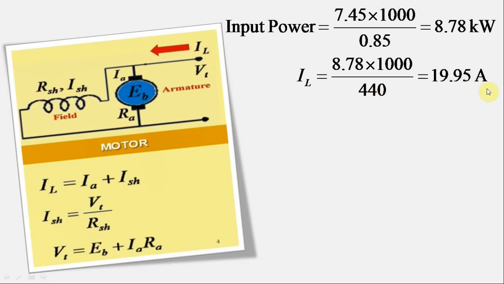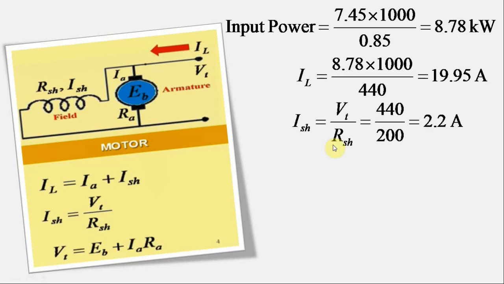Further, shunt field current ISH can be calculated by dividing input terminal voltage by RSH, which comes out to be 2.2 ampere. So, the armature current IA will be IL minus ISH. This way, IA is calculated 17.75 ampere.